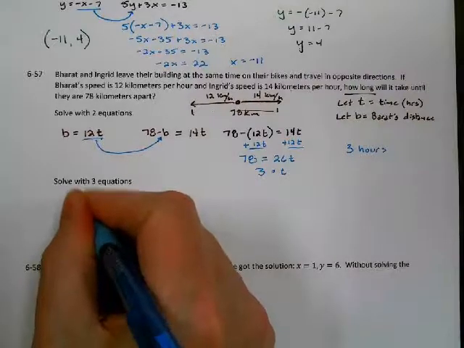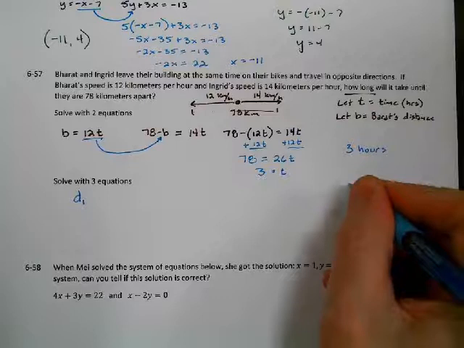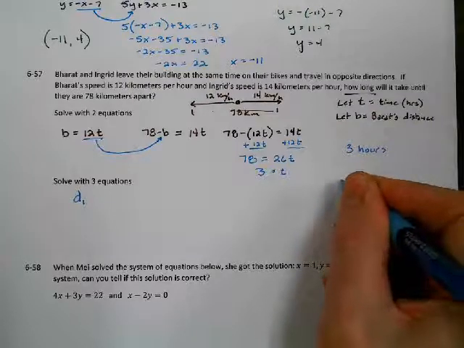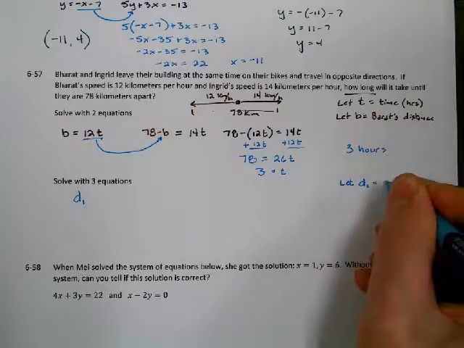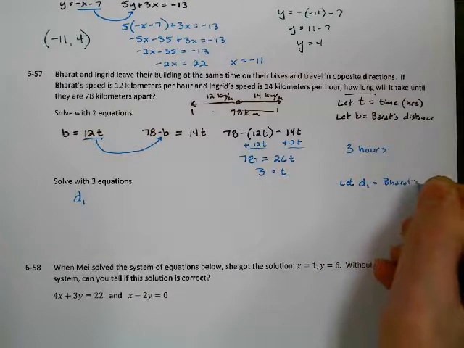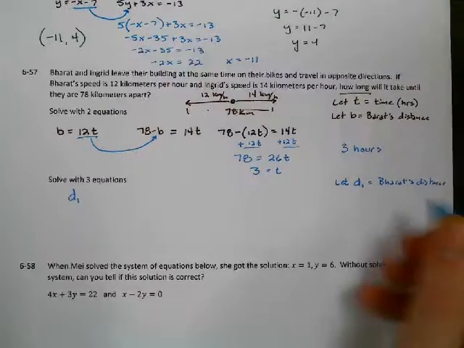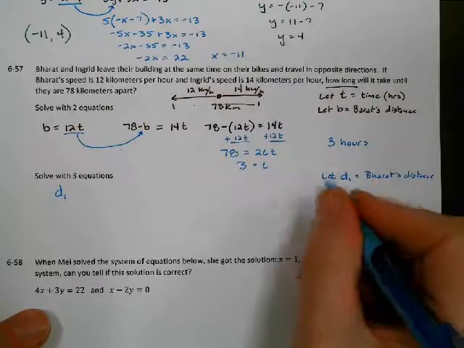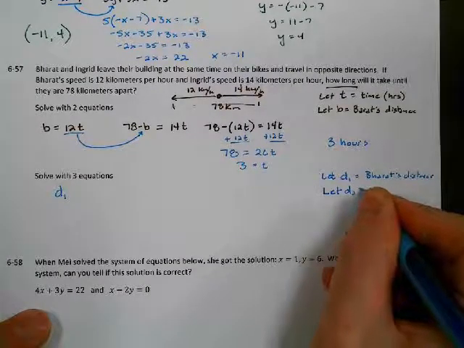So I'm going to let D1, distance 1 equal Bharat's distance. And then I'm going to let D2, or D sub 2, be Ingrid's distance.